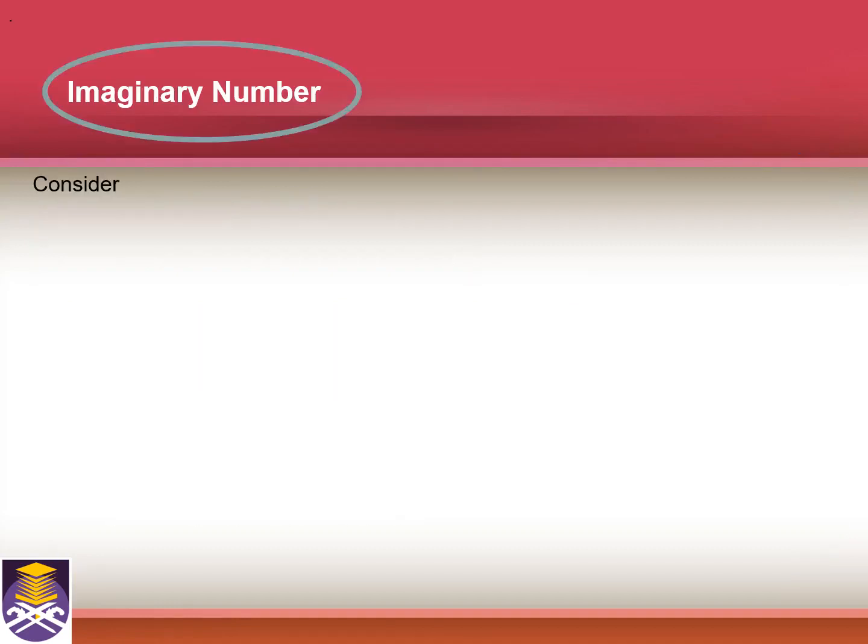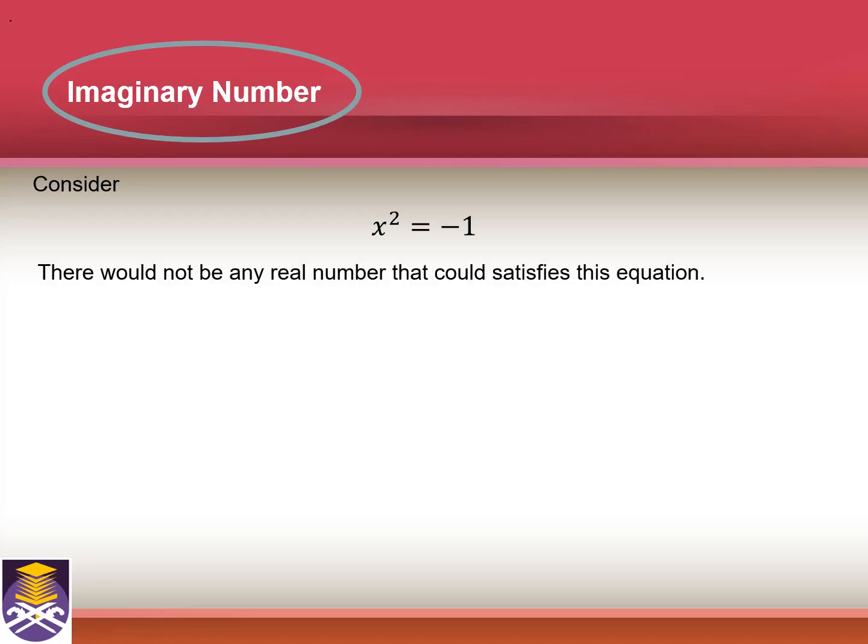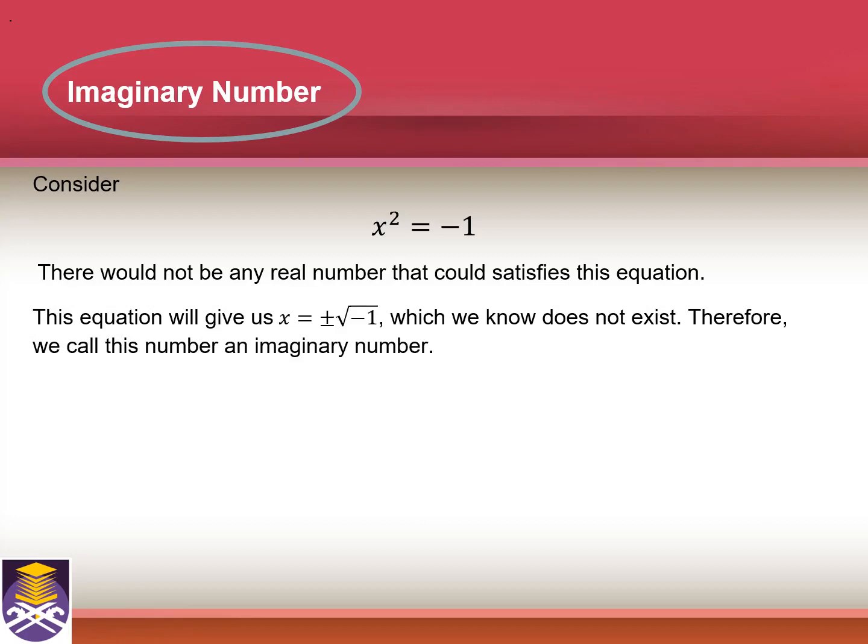Now we know about real numbers, but is there any number that is not real? Consider x squared equals negative 1. There won't be any real number that could satisfy this equation. This equation will give us x equals plus minus square root of negative 1, which we know does not exist. Therefore, we call this number an imaginary number.